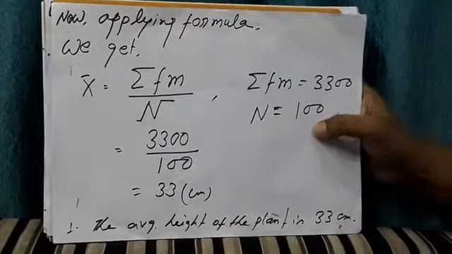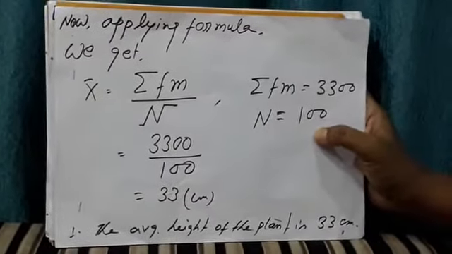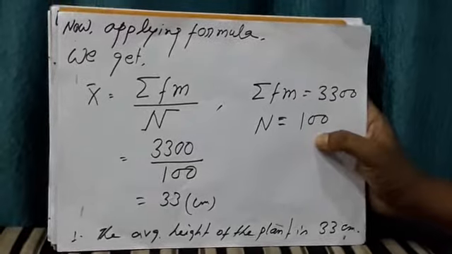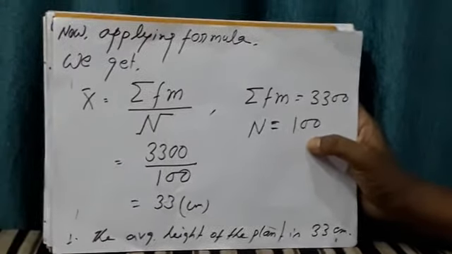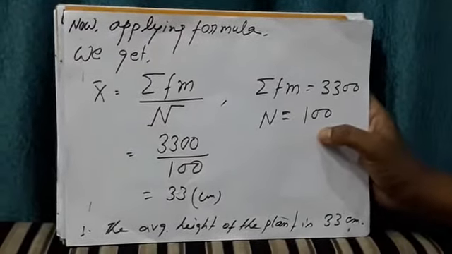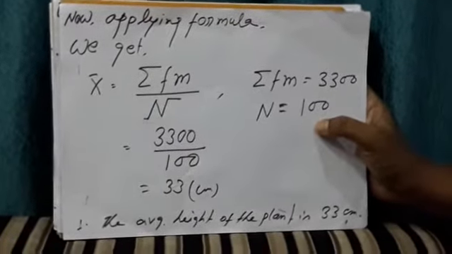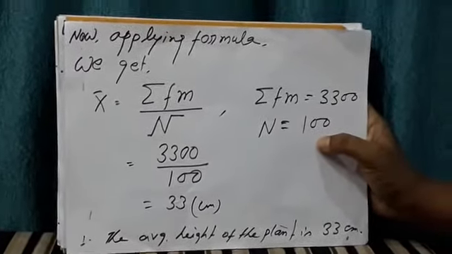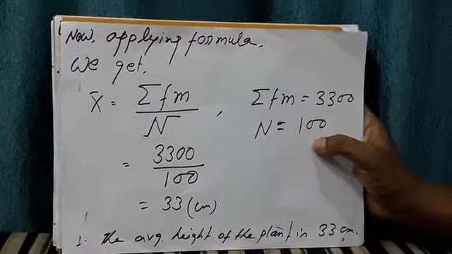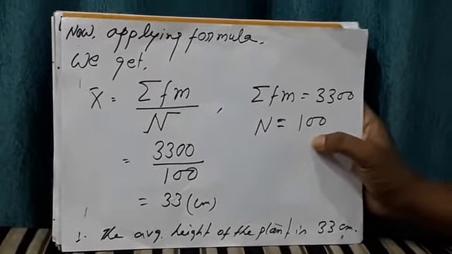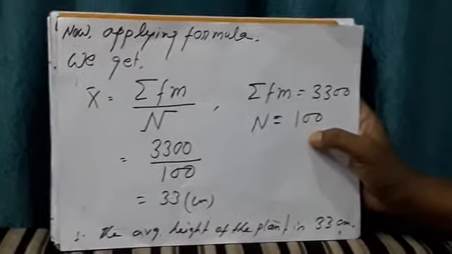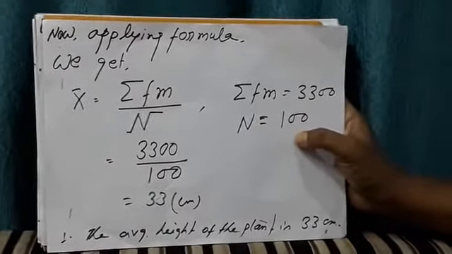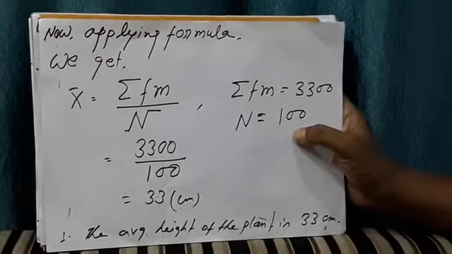In this way we can easily get the arithmetic mean of the continuous series, or the observations which have the class interval. So in this way we can calculate the arithmetic mean when the observation is of class interval.